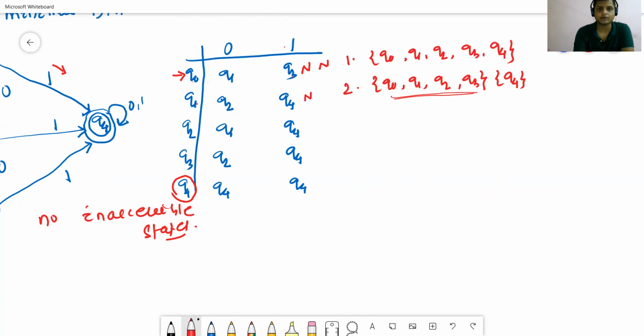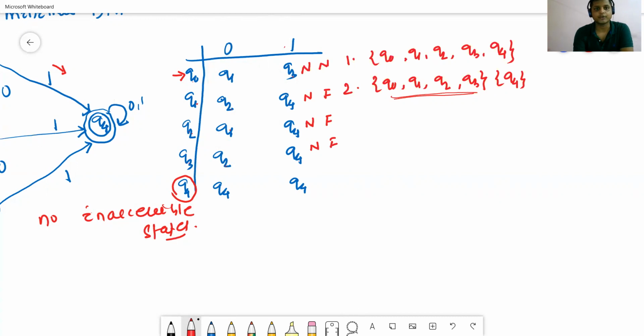Q1 reads 0 and goes to Q2, a non-final state. Q1 reads 1 and goes to Q4, a final state. Q2 reads 0 and goes to Q1, a non-final state. Q2 reads 1 and goes to Q4, a final state. Q3 reads 0 and goes to Q2, a non-final state. Q3 reads 1 and goes to Q4, a final state.